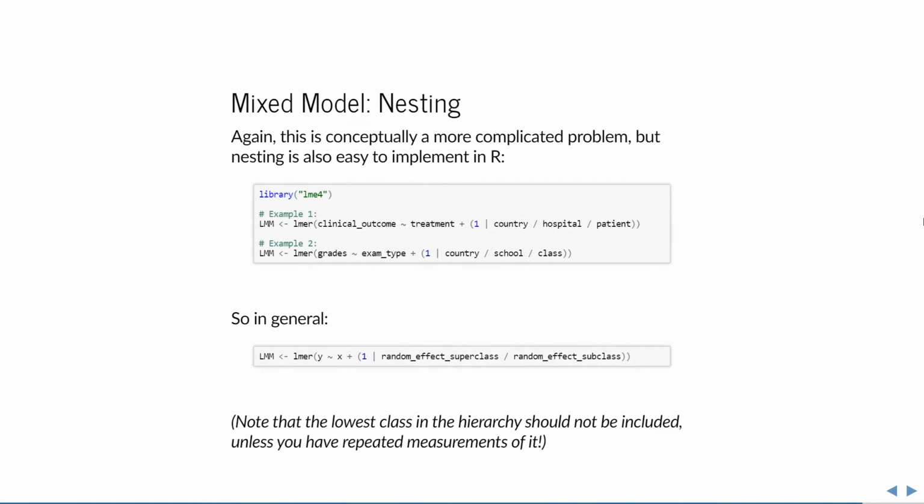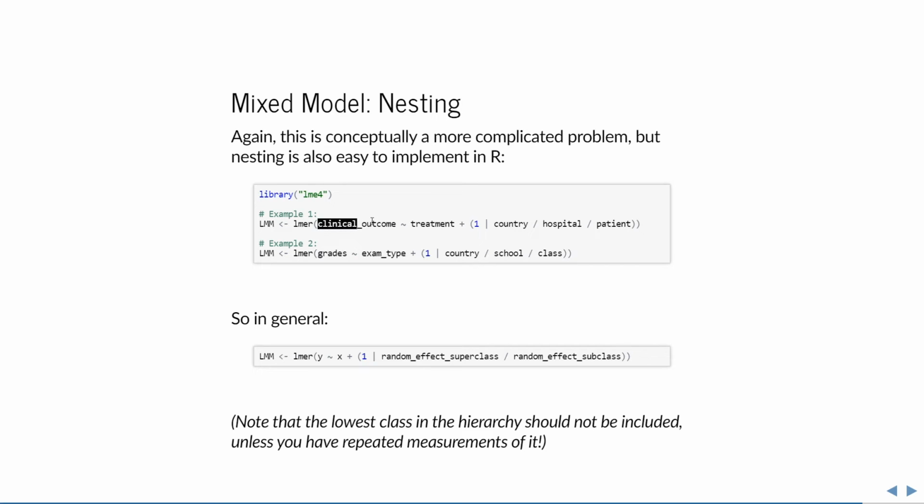All right, so let's see how you would encode this in R if you had nesting. Conceptually, this is a more complicated problem, but using this package that everybody loves, it's very easy to implement in R. All you have to do is have your regular linear mixed model. So let's say the first example with a clinical trial across countries and hospitals and repeated measures of patients.